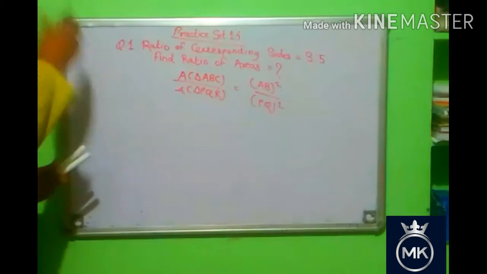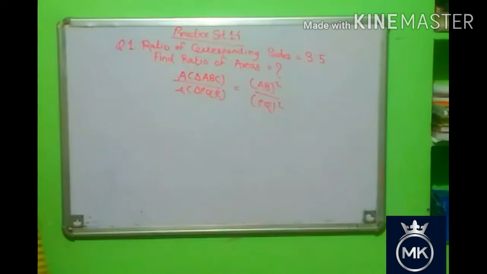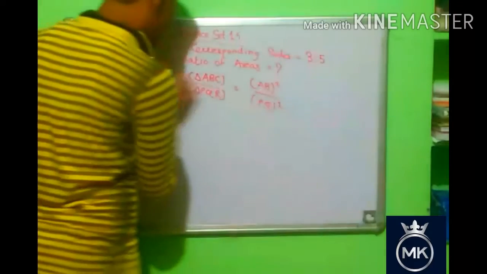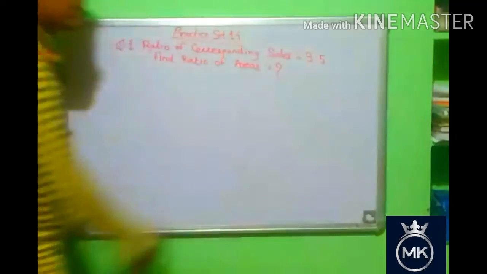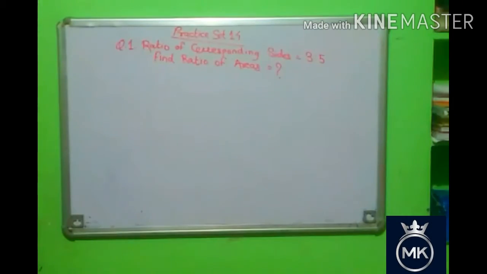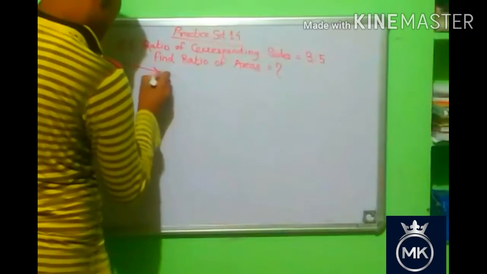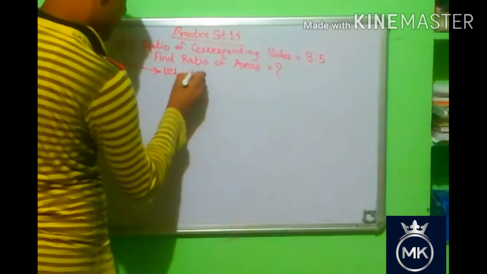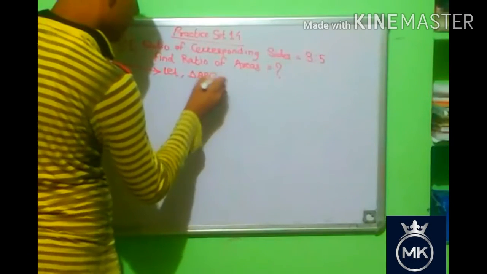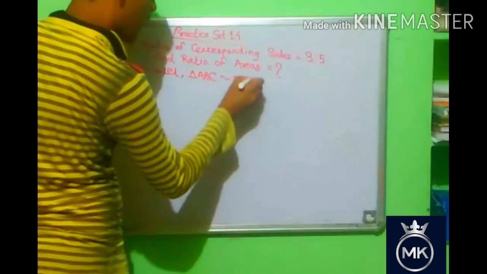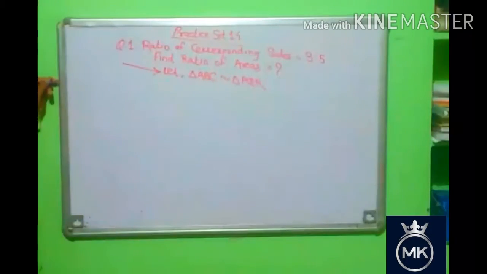So friends, in this question the names of the triangles and corresponding sides are not given here. So let us write that triangle ABC is similar to triangle PQR, and we have to find the ratio of areas.